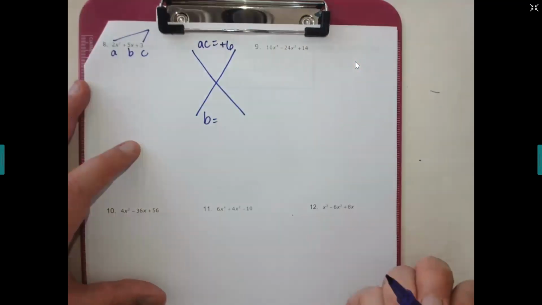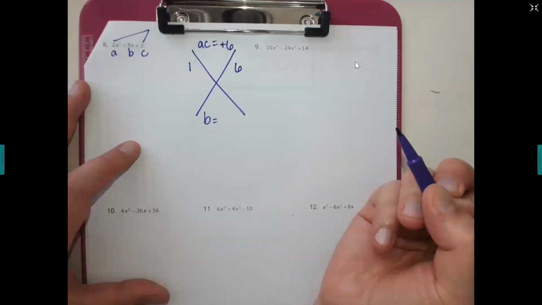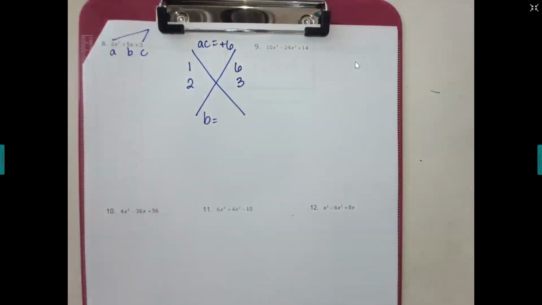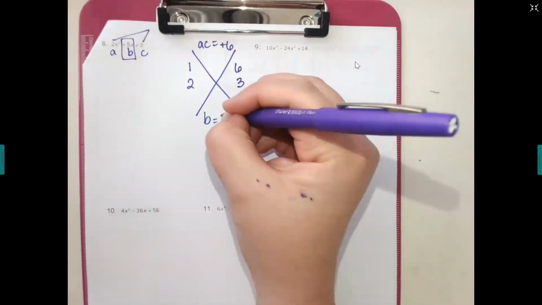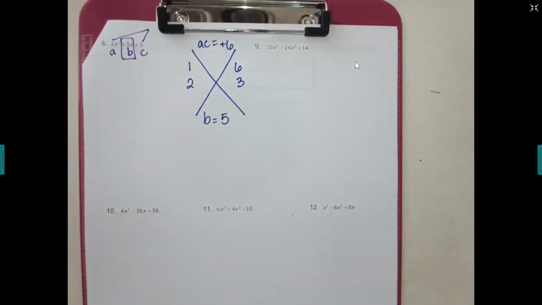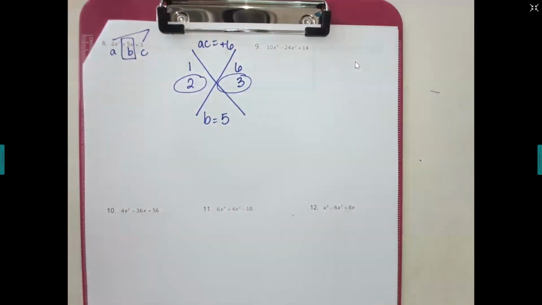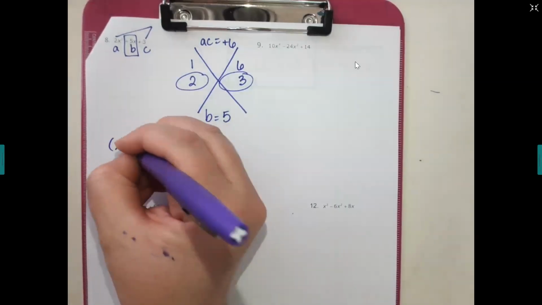Only ways to times to get to 6 are 1 times 6, or what else? 2 times 3. The top of my chart is a positive, so I know I'm going to be adding to B what number? My basement number is a 5. So then I'm going to pick out of those choices which ones will add to 5. 2 and 3. Then I'm going to do x plus 2 and x plus 3.